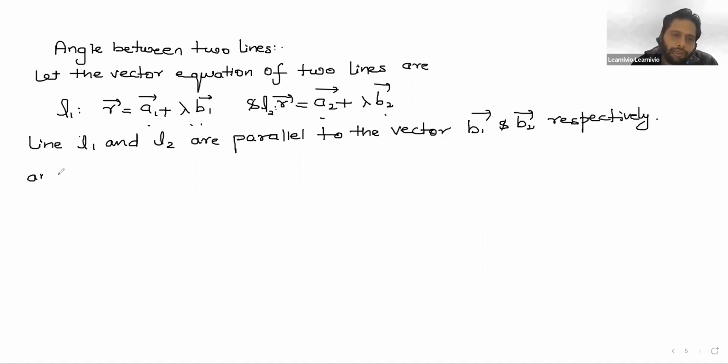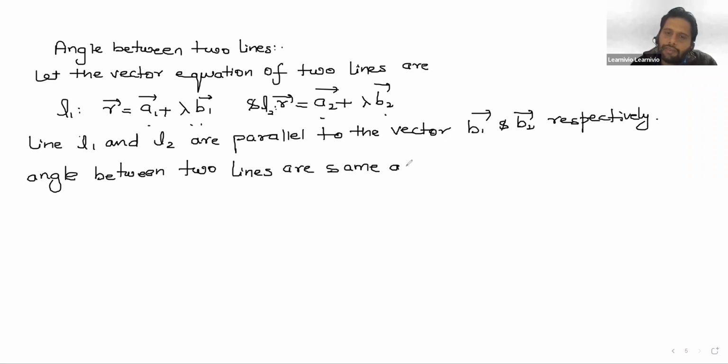Now, the angle between two lines is the same as the angle between B1 and B2.